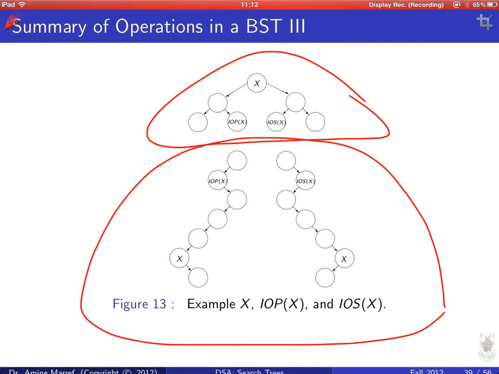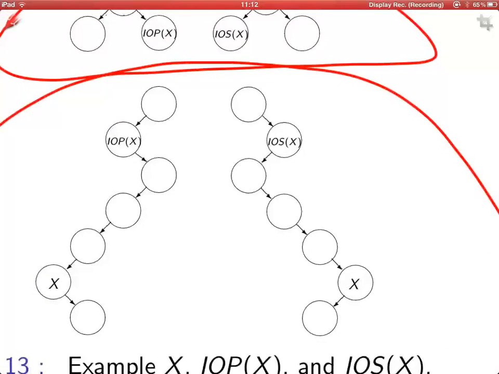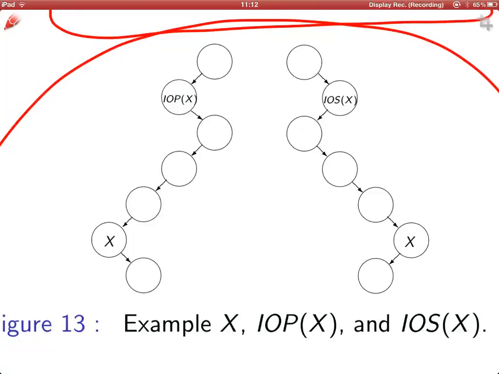Obviously here you need an extra pointer to the parent. When we explained the different operations, insert, lookup, and delete, we did not have a pointer for a parent. So here you need a pointer to go up the tree. So this is how we find the in-order predecessor and the in-order successor.